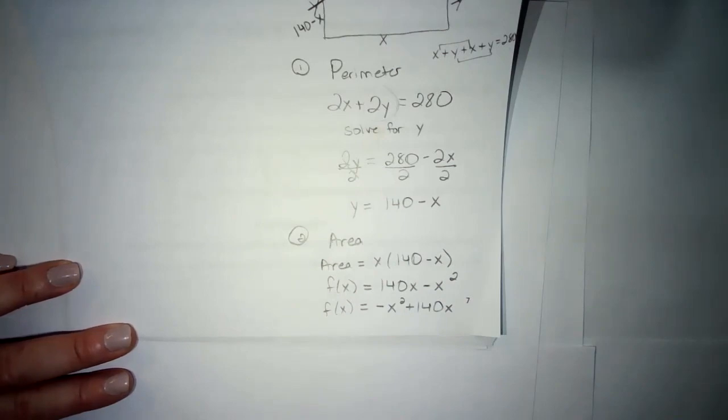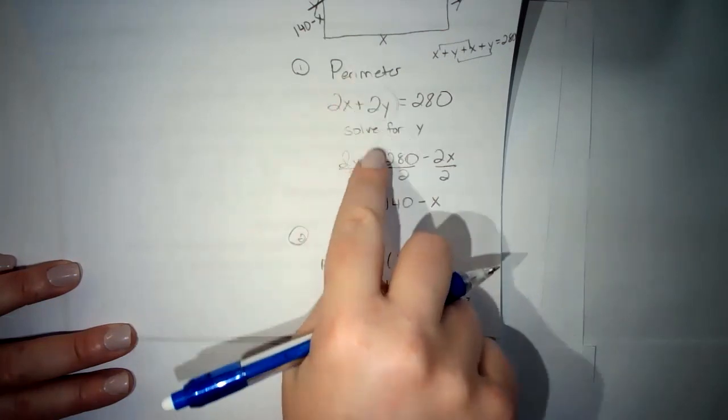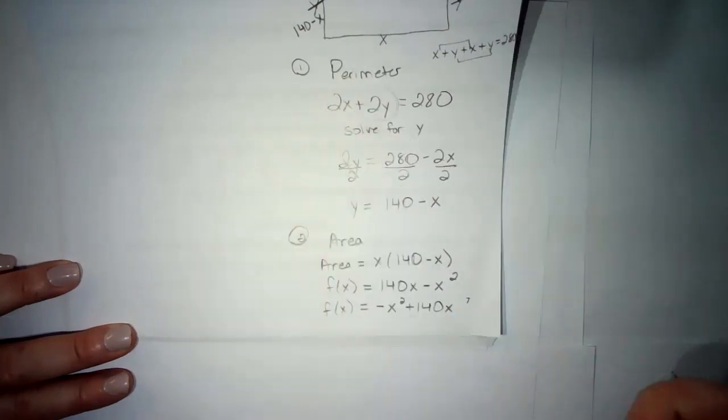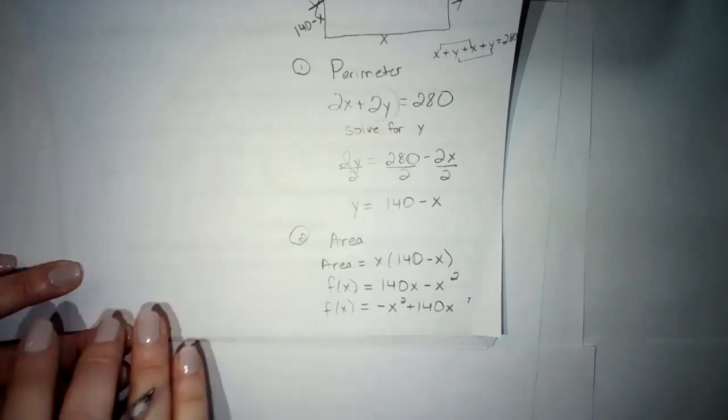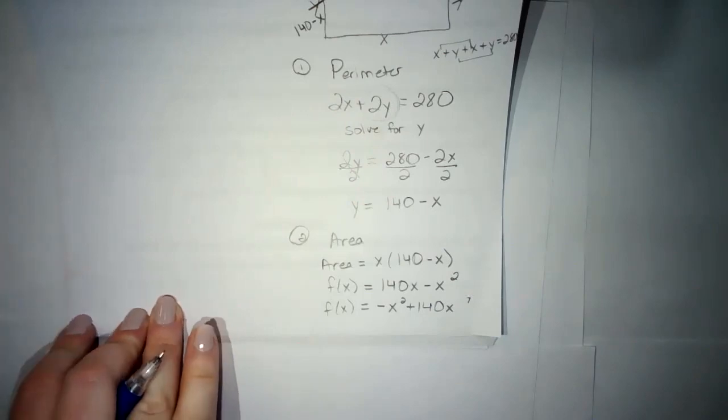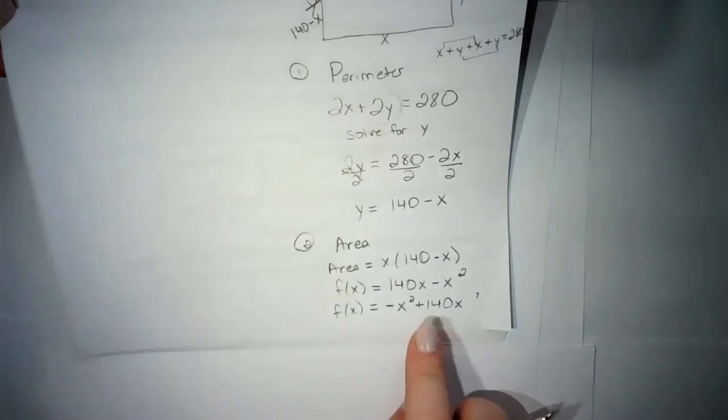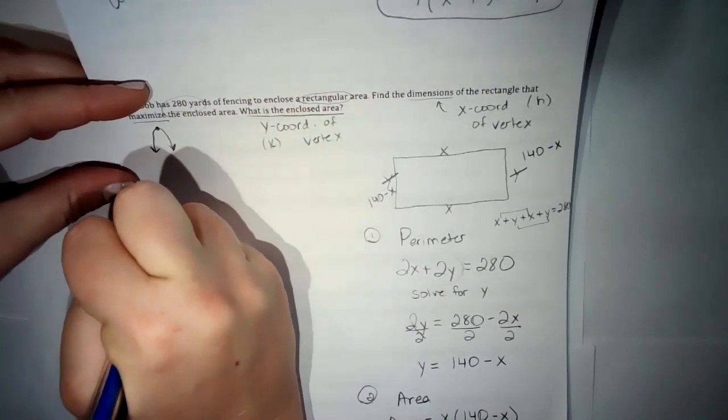Okay. So this one was harder because we had to make the equation. We had to find the perimeter and rewrite Y. All right. Is everybody okay there? Okay, so then we're ready to answer our questions. We're ready to find the vertex. Okay, so here we go.